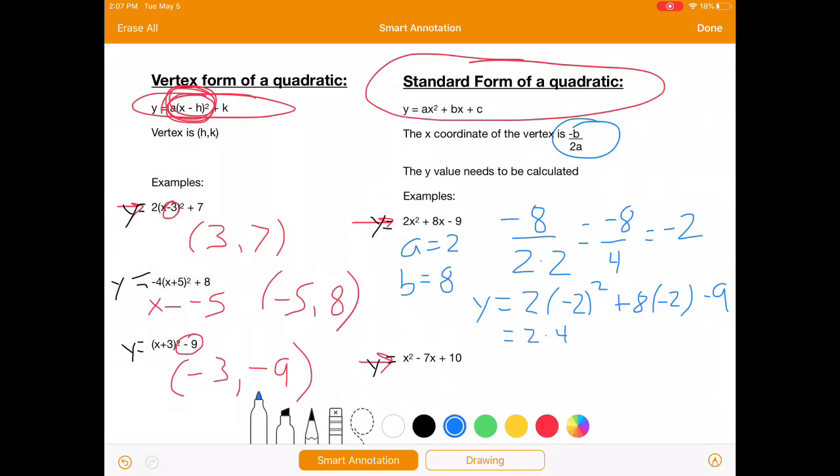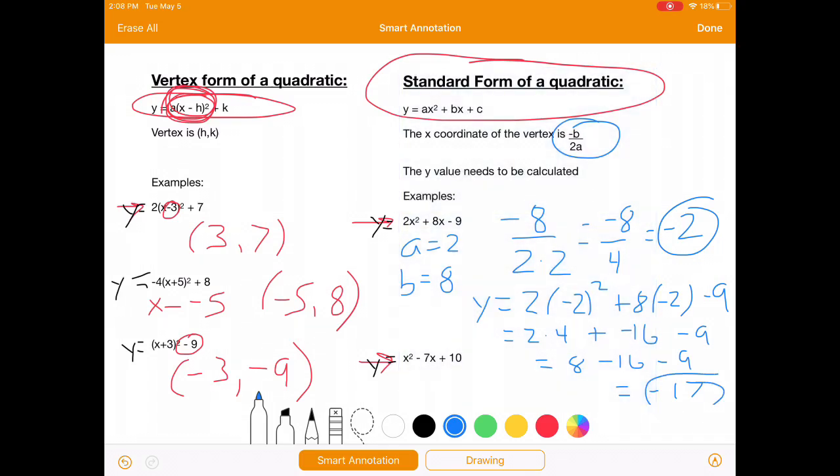Negative 2 squared is 4, so we've got 8 minus 16 minus 9, which is going to end up being negative 17.